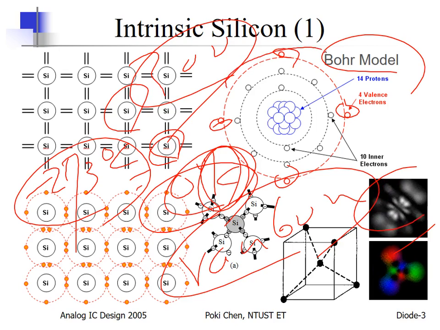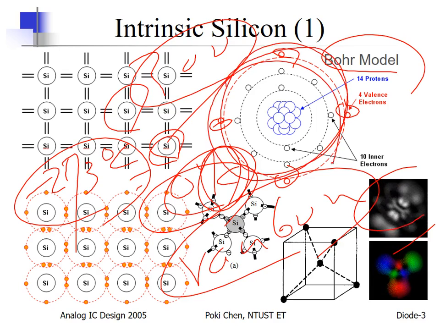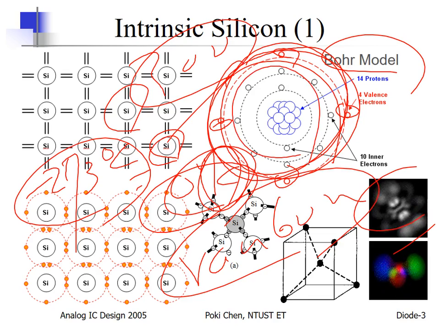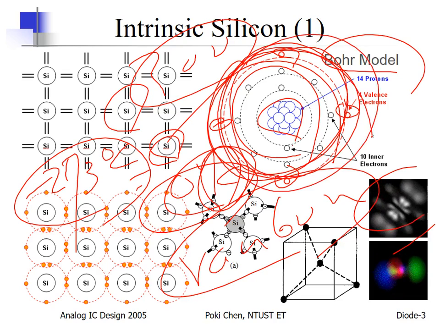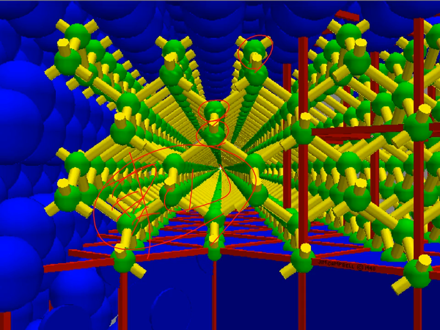All the valence electrons will be free, but only the valence electrons here. How about the inside electrons? Oh, no. They are strongly controlled by the nucleus, by the core, so forget about them. Only the outermost ones can be free. That is very, very good.